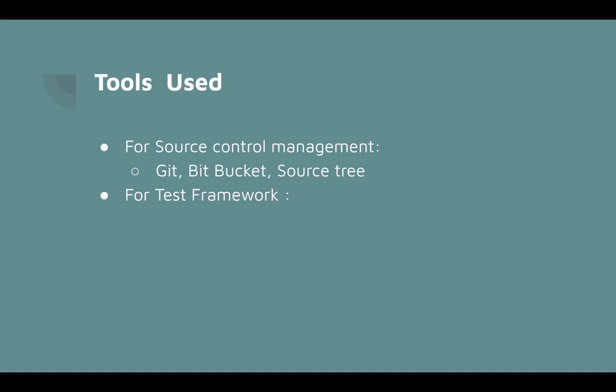For designing the framework, we'll be using Java as the programming language, Maven as the dependency management tool, Serenity as the language binding. So Serenity is a wrapper built on Selenium. We'll be using the Gherkin to write our scenarios in given when then format.